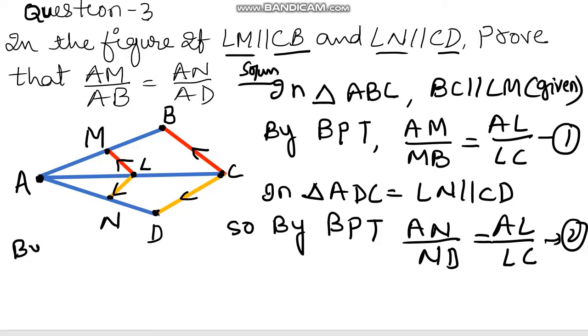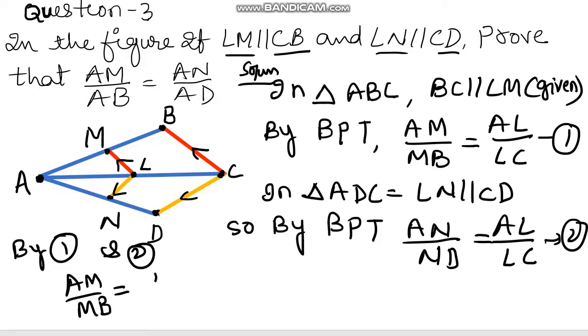So by 1 and 2 you have AM by MB equal to AN by ND. But we have to prove AM by AB equal to AN by AD.